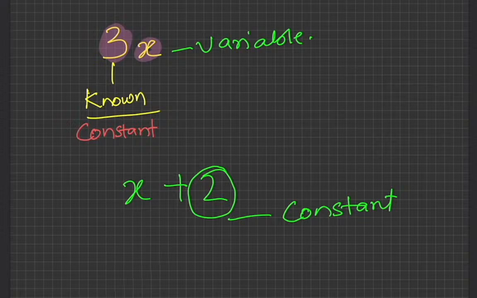So fixed numerical values are called variables is false. They are not called variables, they are called constants. Got it? Yeah. Fixed numerical values are called constants. Okay.